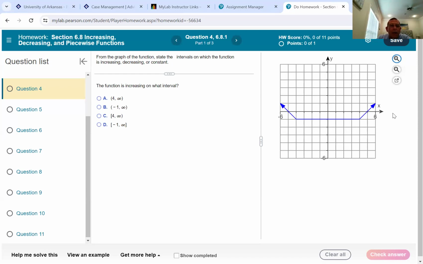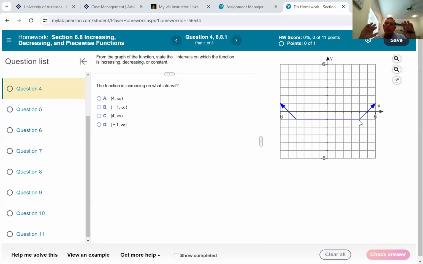So y'all, we would actually go with, let me see what my chat's saying. Okay. So the thing on this one, I got a C answer on that, but they're using a bracket on it. And see, that 4 is where it stops going from constant to increasing.